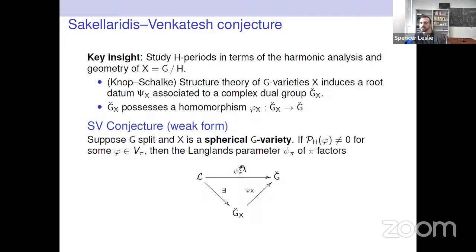But strictly speaking, if one of the graduate students were to go look at Sakellaridis and Venkatesh's papers, there would be a lot of adjectives that I'm omitting.